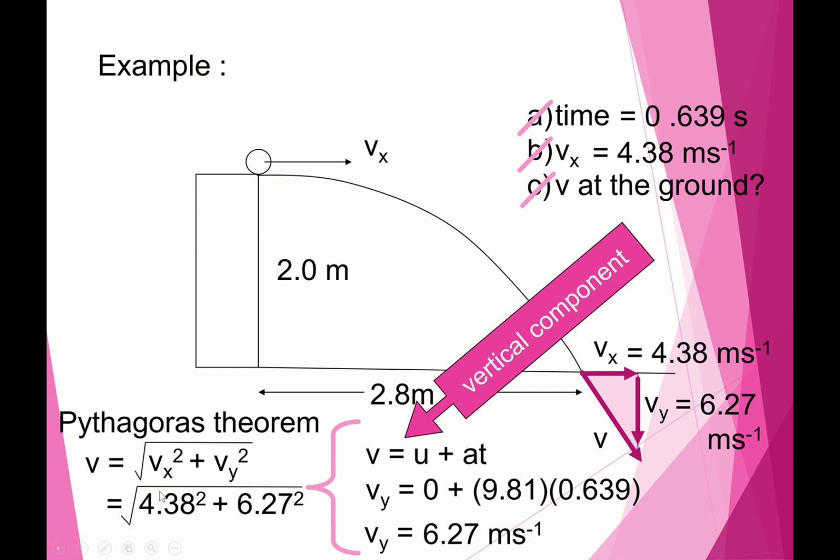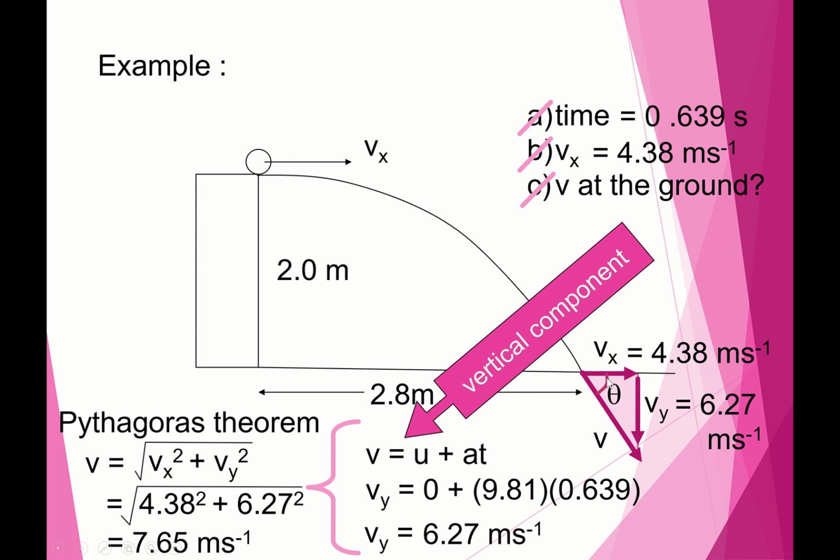We substitute 4.38 for Vx and 6.27 for Vy. Therefore, the velocity of the object when it reaches the ground is 7.65 meters per second. This is the answer for C.